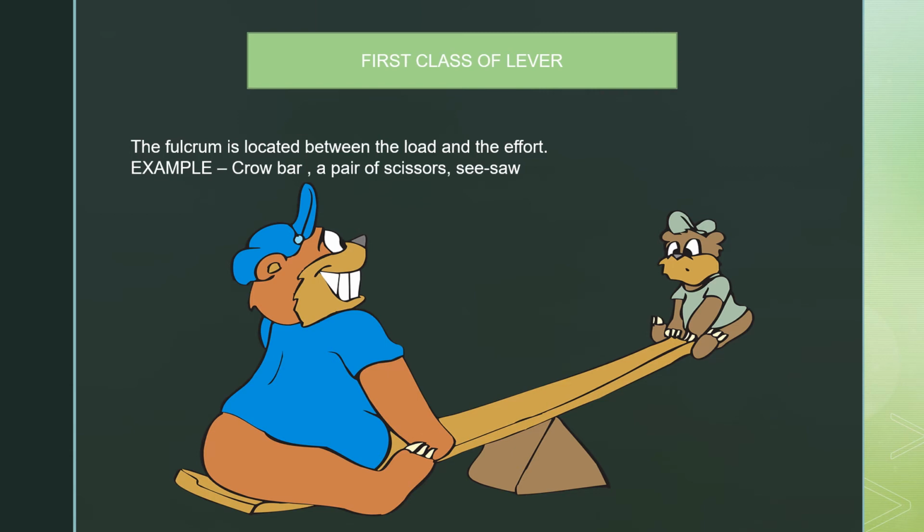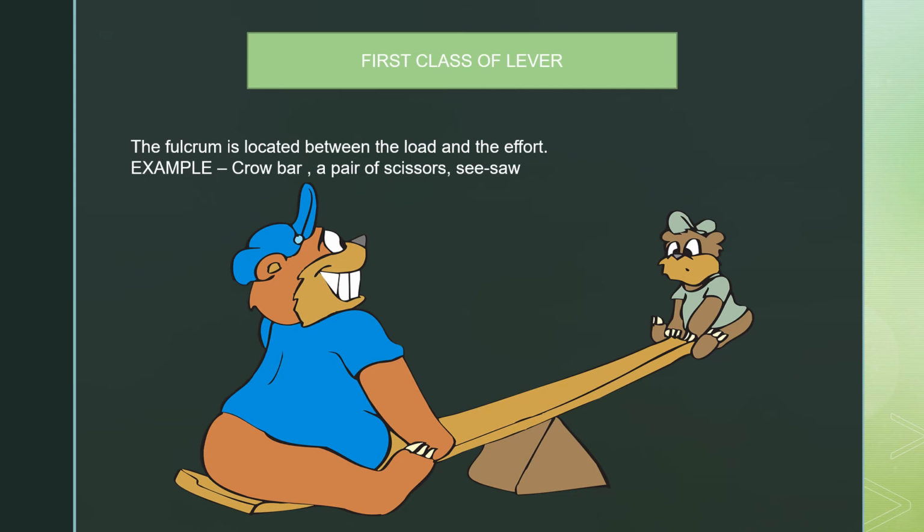The lever has the fulcrum in the middle between the load and the effort. The fulcrum is located between the load and the effort in the first class of lever. A classic example of the first class of lever is a seesaw.